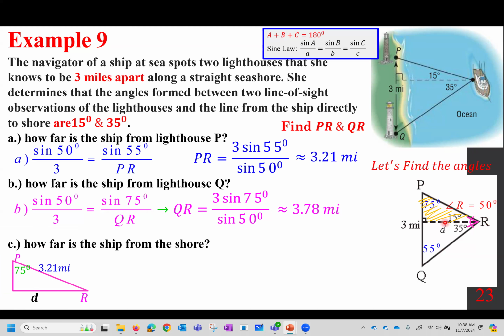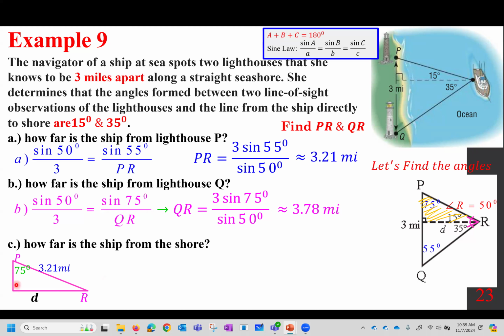This is just the given. I'm just writing it so it becomes clear. There are different ways of finding this. I'm going to go with the sine law because it's the section of the sine law, and I'll show you a different way in a moment. So if you want to go with the sine law, this is obviously 90 degrees.